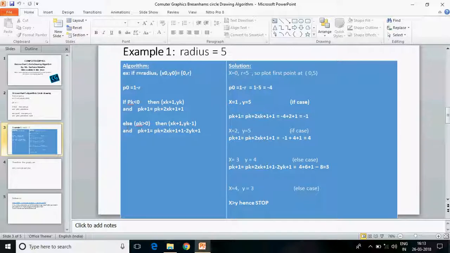Now it has moved to the else part because 4 is greater than 0, pk greater than 0, that is why it will be in the else part.